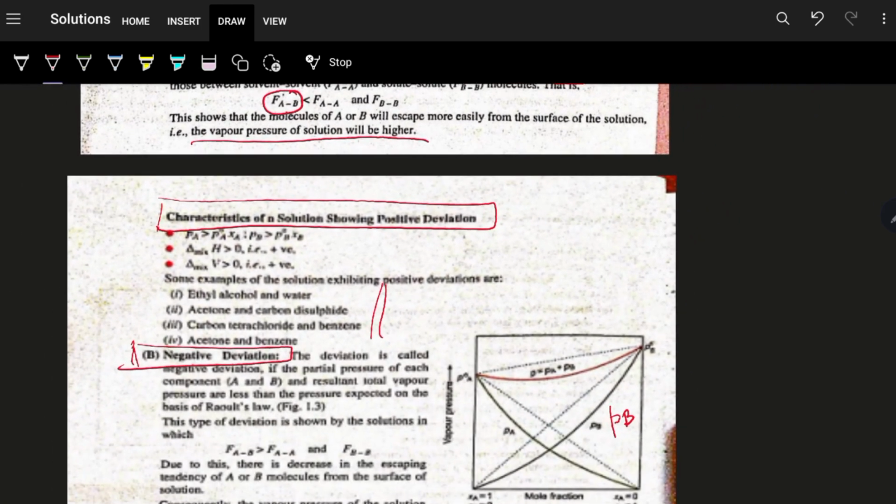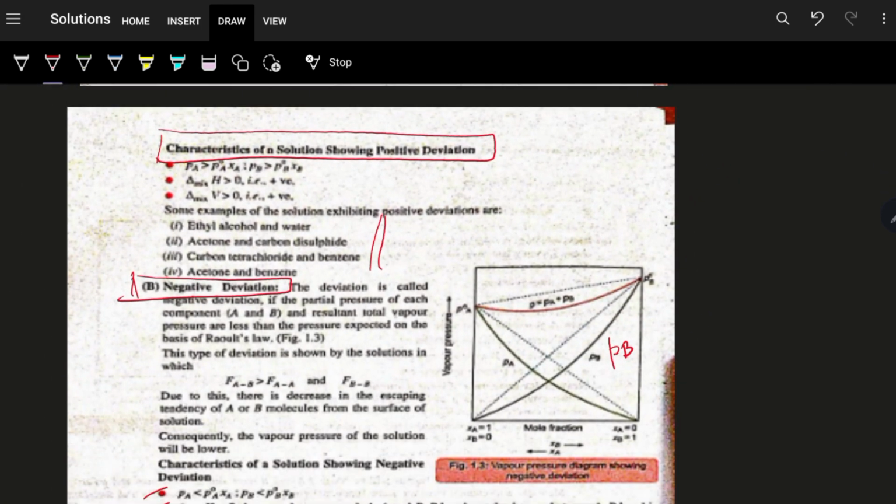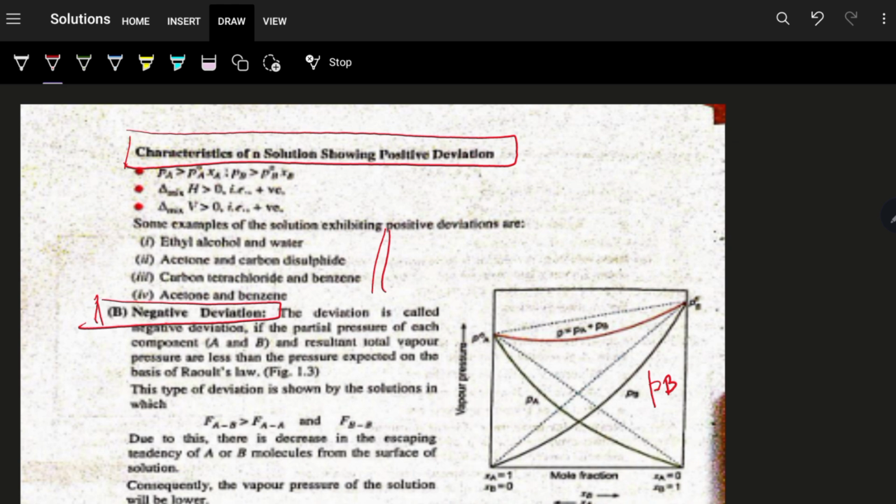Now, what are the characteristics of a positive deviation? For Raoult's law, PA was equal to PA naught into XA. For a positive deviation, PA will be greater than PA naught into XA, PB will be greater than PB naught into XB. Similarly, delta H mix will be greater than 0, that is positive.